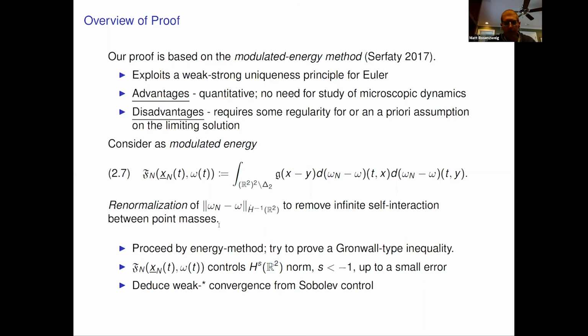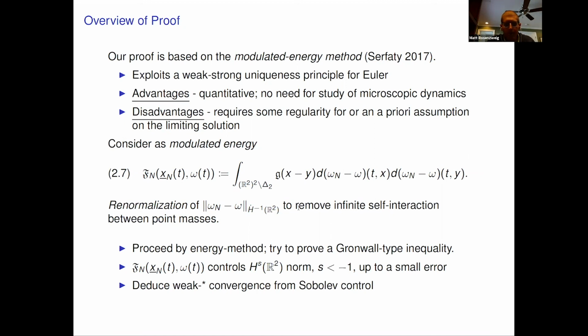The idea behind this approach is to consider as modulated energy this quantity Fn that was introduced earlier. It's like the Coulomb energy of omega n minus omega, except in the integration you remove the diagonal of R2 cross R2 to exclude the infinite self-interaction between point masses. As commented earlier, you can think of this as a renormalization of the H^-1 norm of omega n minus omega, so as to remove this infinite self-interaction.